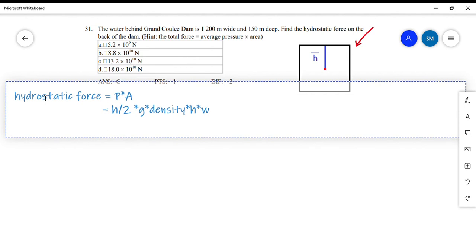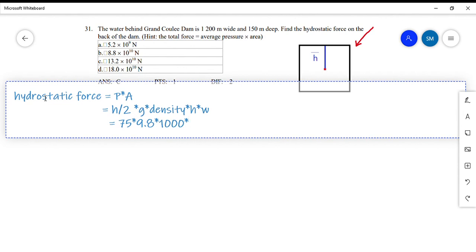By substituting, h over 2 is basically 75 times the gravity, which is 9.8, times the density. He didn't give it in the question, but we all know the density of water is 1000 kilogram per meter cubed, times the height.